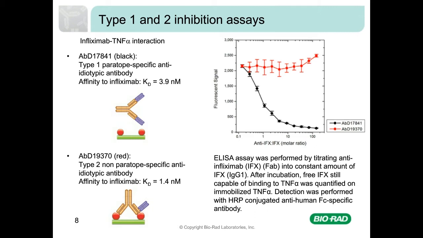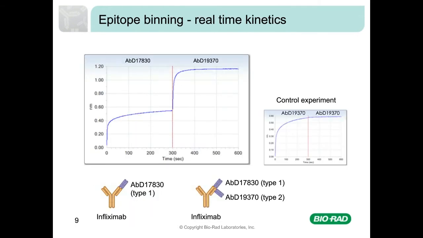We also perform epitope binning by measuring real-time kinetics on a 40-bio octet machine. Infliximab was coupled to a sensor which was probed with ABD 17830, another type 1 antibody.